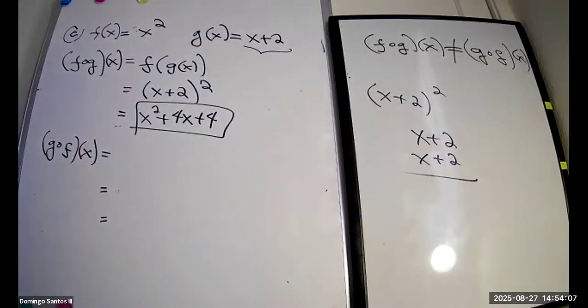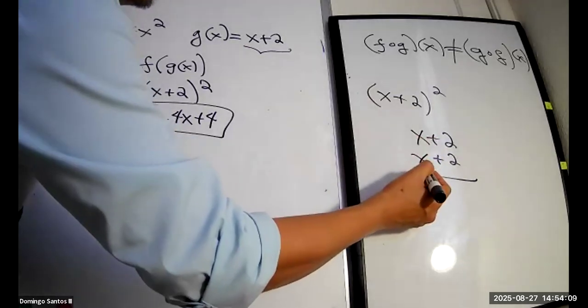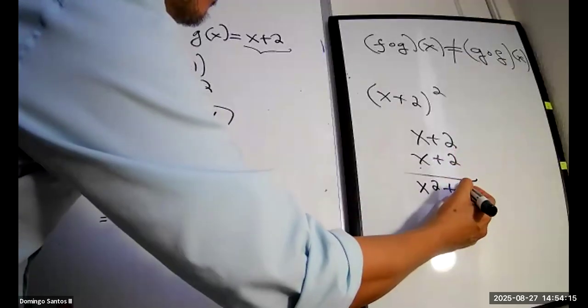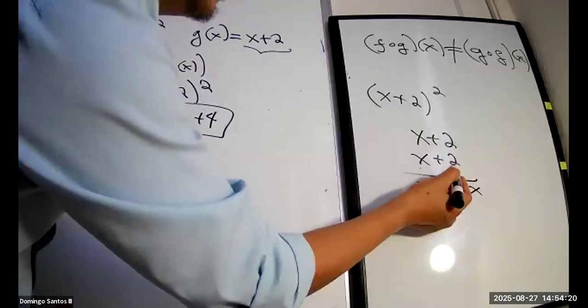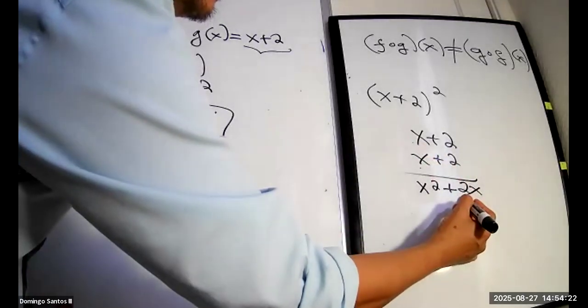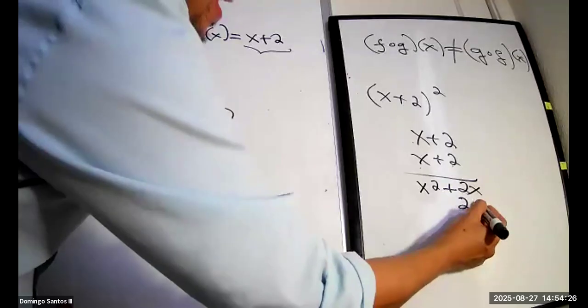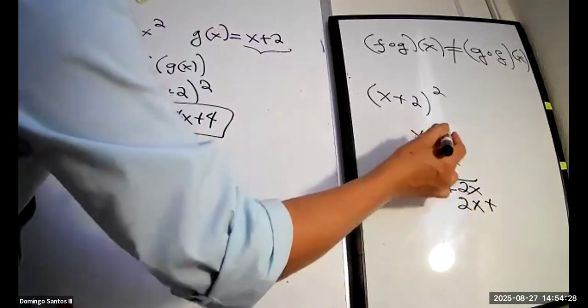Now, what's x times x, Leonardo? X squared. Very good. What's x times 2? 2x. Very good. And you have another one here, right? What's 2 times x? 2x. What's 2 times 2? 4. Very good.